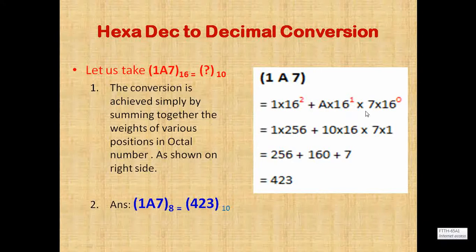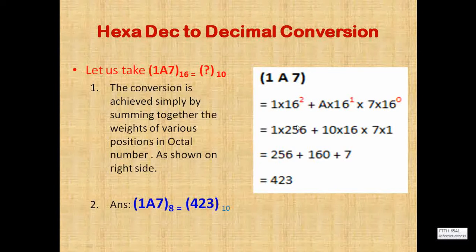So this is a plus sign, this is also a plus sign. By mistake it is written as a multiplication sign, but you will read it as a plus sign here and here also. So we'll put 16 to the power 0, then the next power is 1 and the next power is 2.